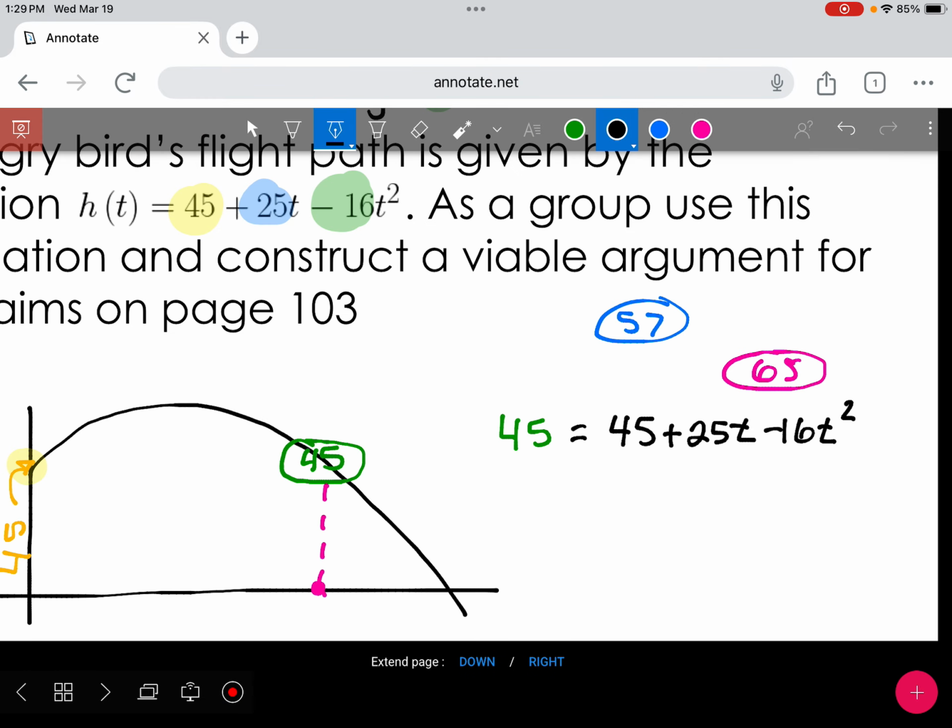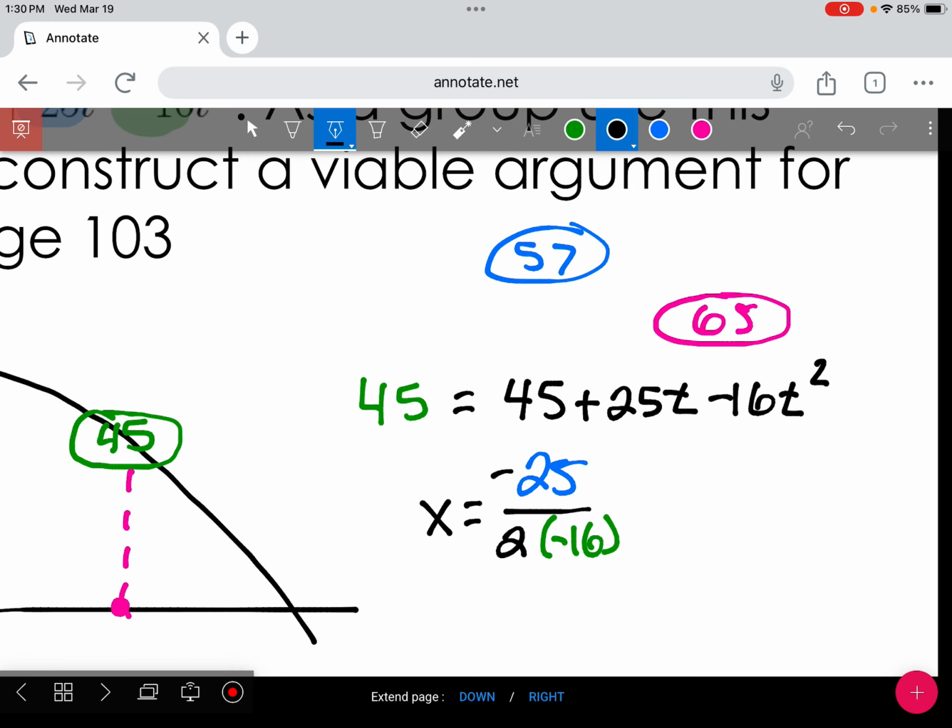We could find the x value of our vertex is going to happen when we have the opposite of b, so the opposite of 25, over 2 times a, 2 times negative 16. It's not going to be pleasant, but it's going to be a thing. 25 over 2 times 16 is going to give us a fraction that's exactly the fraction we have, 25 over 32, which is unpleasant.